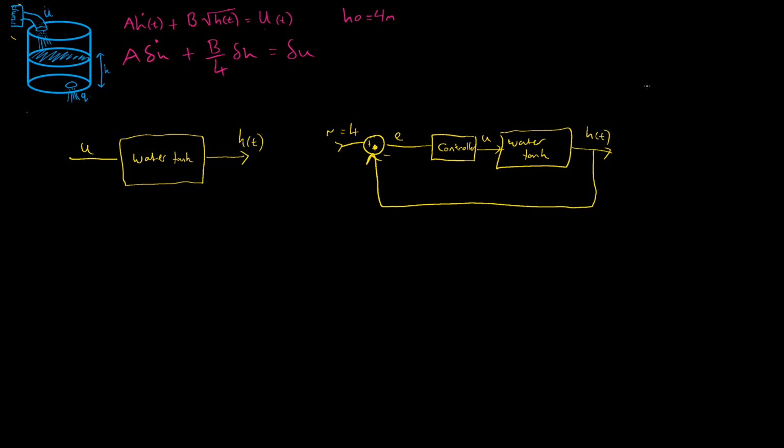And so what we'd end up doing is we would have a controller of the form U is equal to K(R minus H(t)). And this is a pretty standard form for these closed loop controllers at this point in time, where if we were to just have U equals KR, this would be the equivalent of our open loop control.